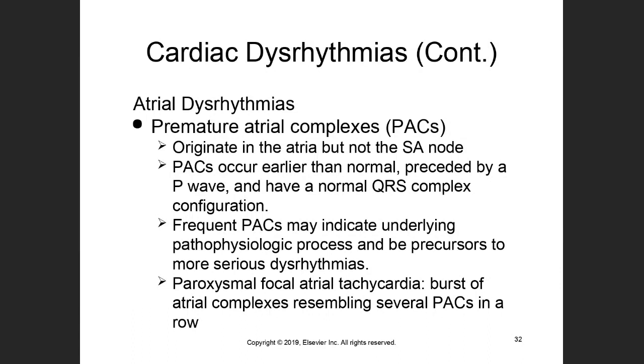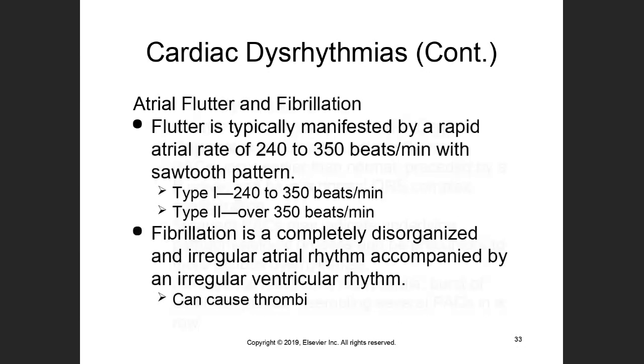Frequent PACs may indicate an underlying pathophysiologic process and be precursors to more serious dysrhythmia. Paroxysmal focal atrial tachycardia is bursts of atrial complexes resembling several PACs in a row. Now we have atrial flutter and atrial fibrillation.